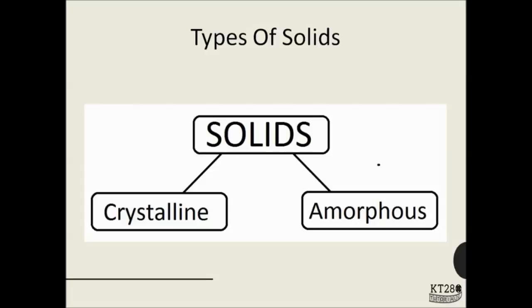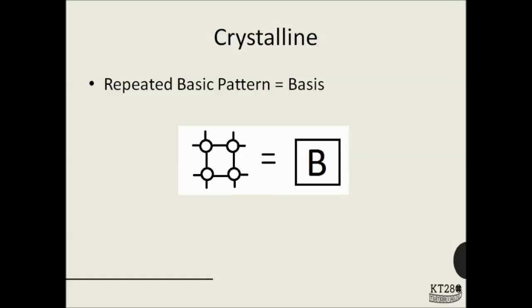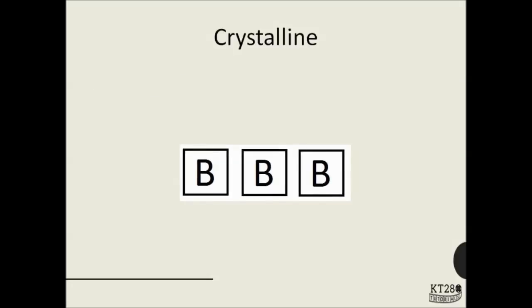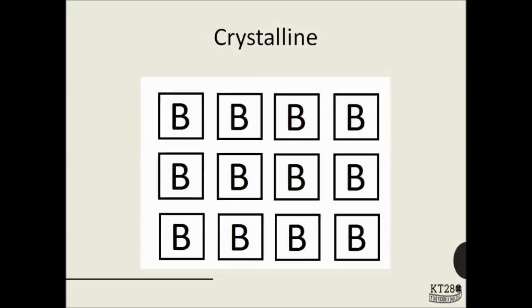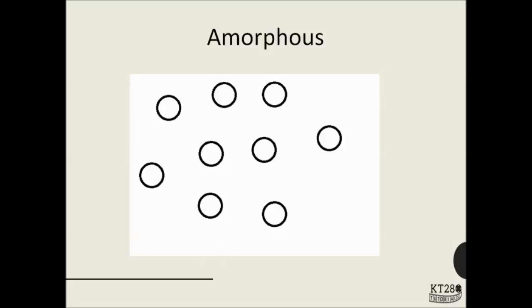First of all, solids are classified into two types, crystalline and amorphous. In a crystalline solid, there is a repeated arrangement of molecules known as the bases, and these bases are repeated throughout the volume of the entire solid. Whereas in an amorphous solid, there is no definite arrangement of molecules.